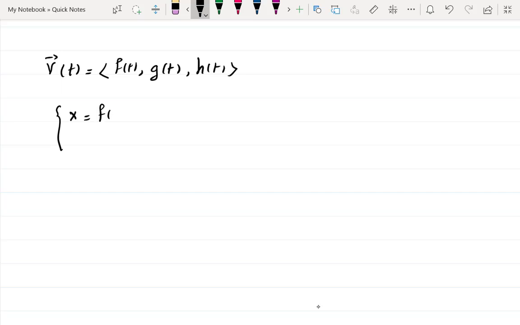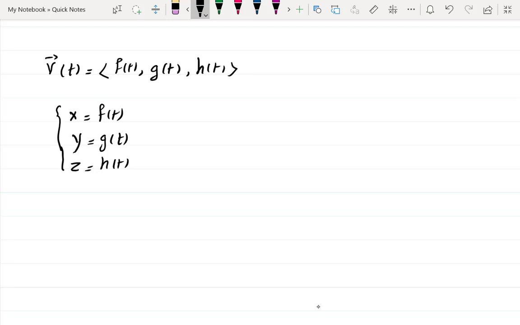Now suppose r is a vector function which is equal to f of t, g of t, and h of t. If we set x equal to the first component f of t, y equal to the second component g of t, and z equal to the third component h of t, this form is called the vector function's parametric form.